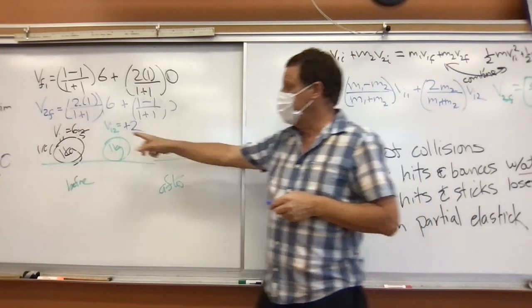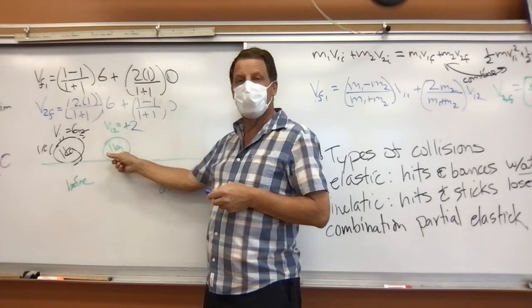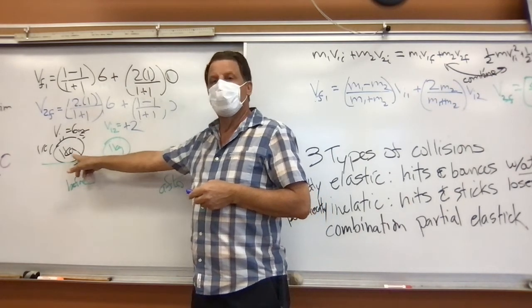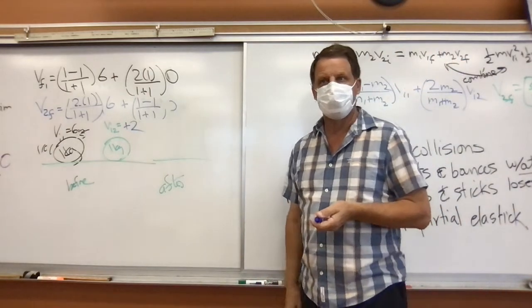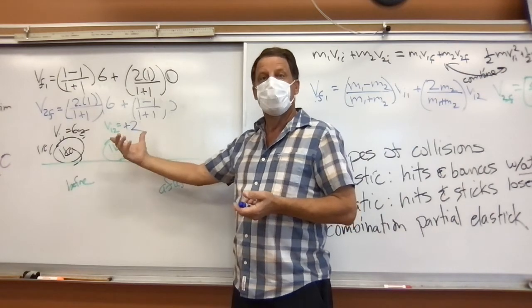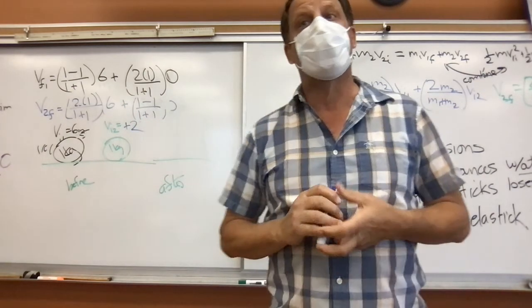The answer is it's going to become the velocity of the first ball. So this one's going to be 6. And what do you suppose the velocity of the black ball is going to become? It is going to become +2. So again, they are just exchanging their velocities.